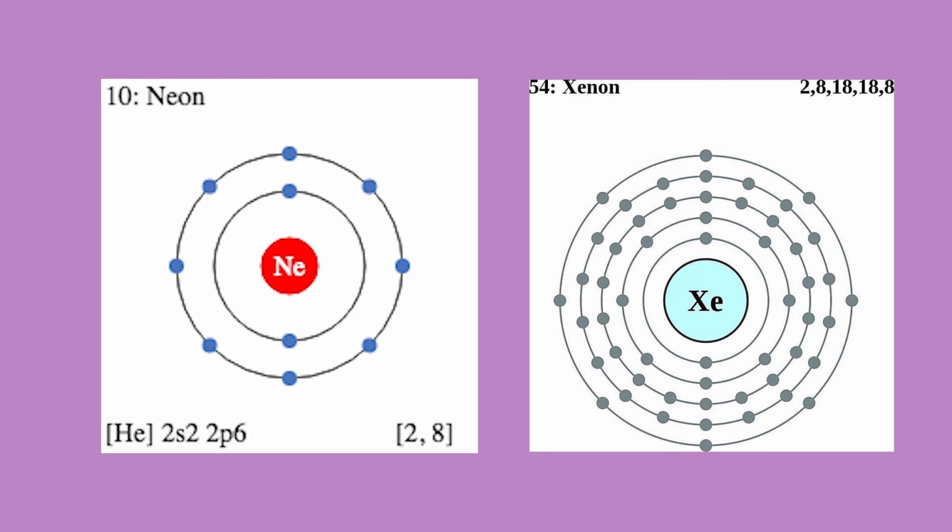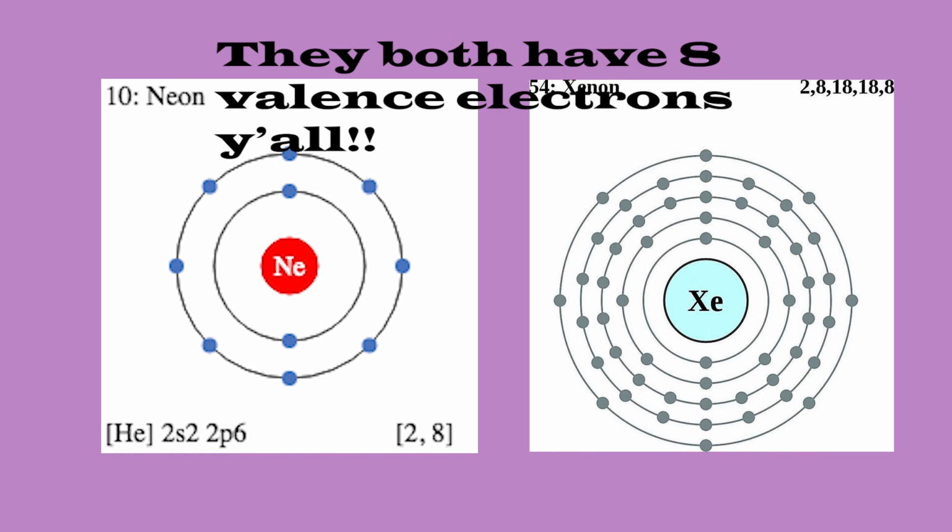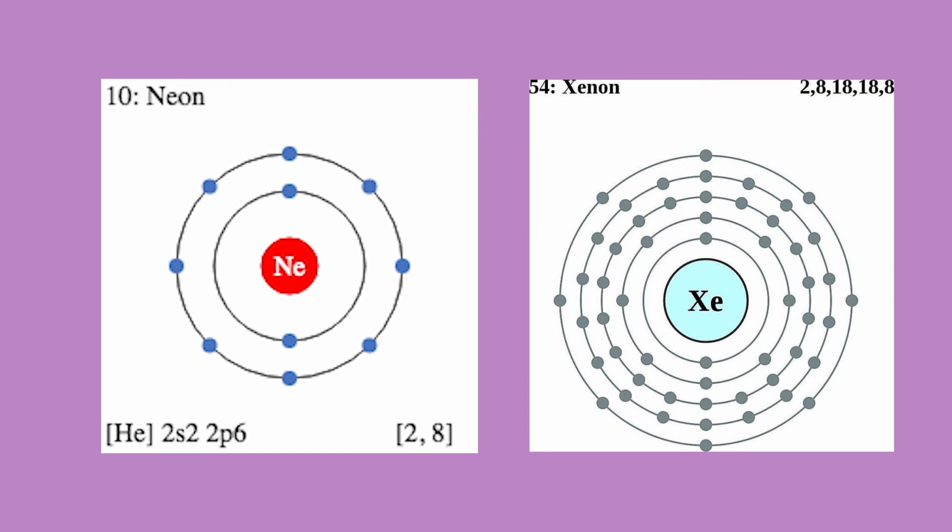The natural phenomenon involved with valence electrons is that elements with the same number of valence electrons have similar properties. In this way, we can see that valence electrons are also a key factor in determining or predicting the positions of newer elements.